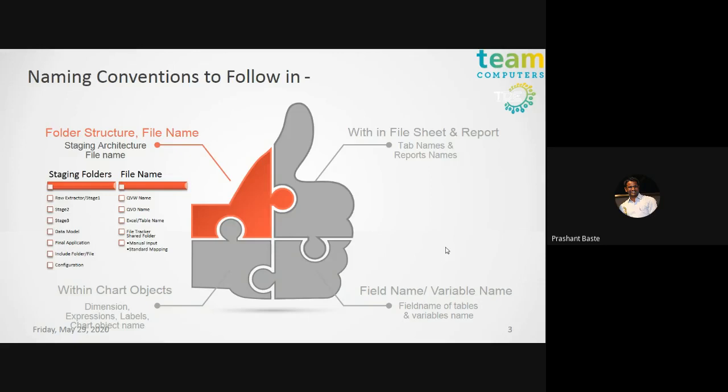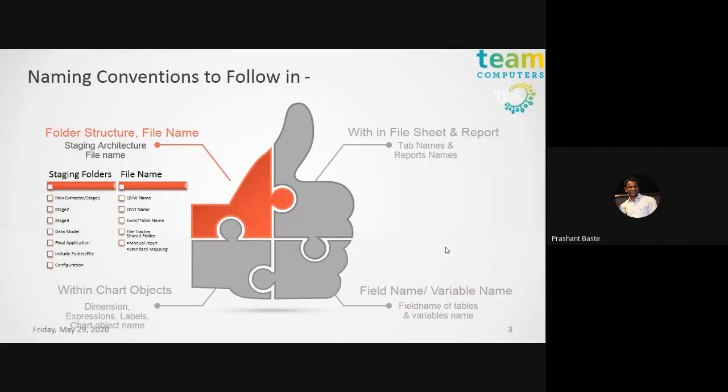Then we have stage 2, in some cases stage 3, and the data model, then the final applications. These are the core folders we need. Apart from these, we should have the include files or folders that we are using in our overall dashboards. That should be maintained separately.